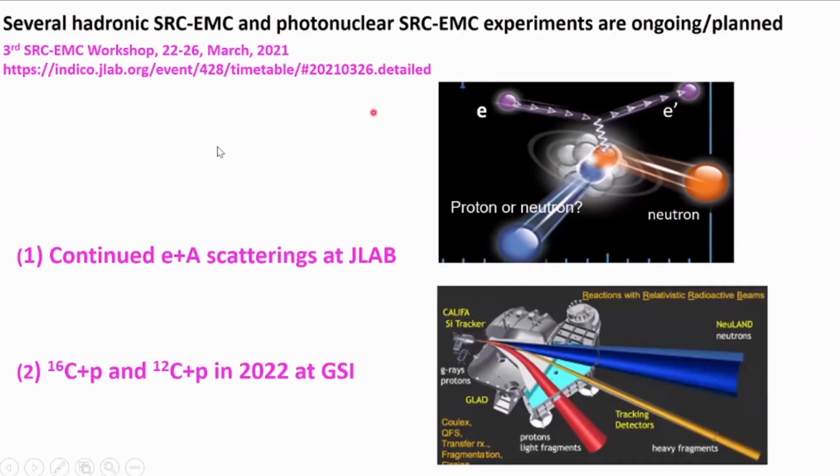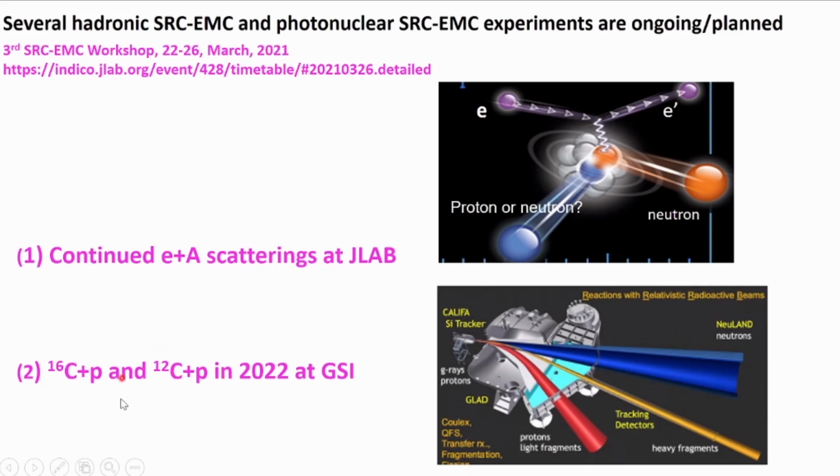So there are several ongoing and planned experiments. For instance, people are continuing experiments at different labs using electron scattering on different nuclei to study the EMC effect and short-range correlation. About a year ago, we had a workshop, and many new proposals were discussed.